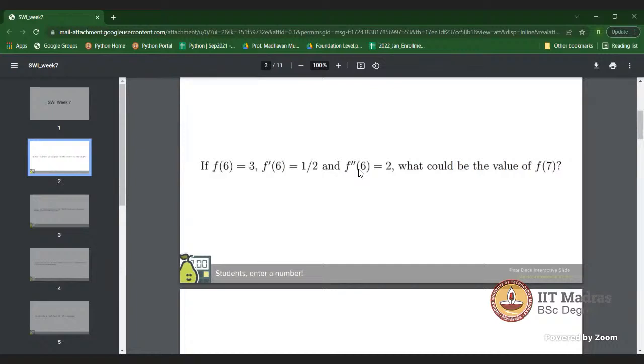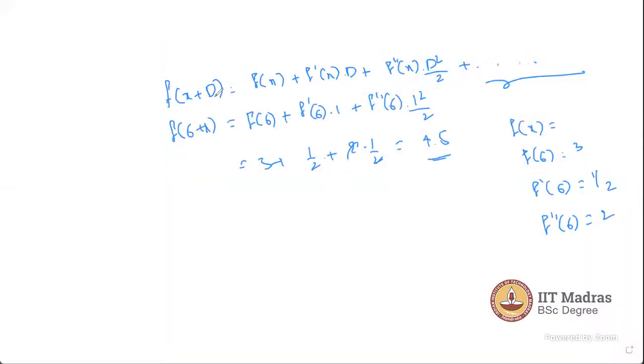Actually, both are the same, right? What I have essentially done is the same. What you have done is assume that delta is capital D.